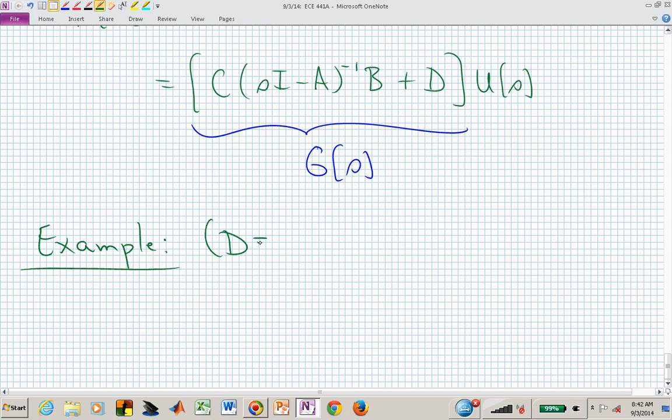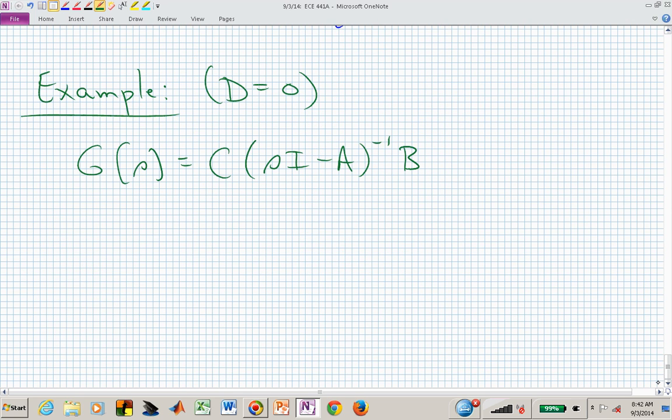And our mass spring damper system has D equal to 0. No direct connection between the input U and the position X. Then we have G(s) equal to C (sI minus A) inverse B. Now just plug in the matrices. C, that was 1, 0. Then we have s times I. What's I in our example?